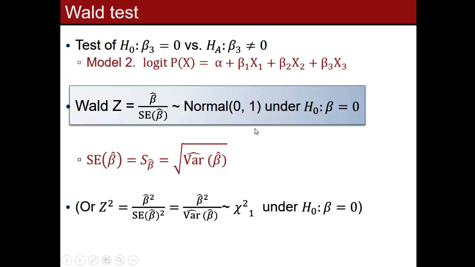But the basic idea is, if I have beta hat over standard error of beta hat, and I get 1.96, that's a borderline significant result. If you looked it up, that would be a p-value of 0.05. Remember, 1.96 is that sort of magic 95% normal distribution cut point.